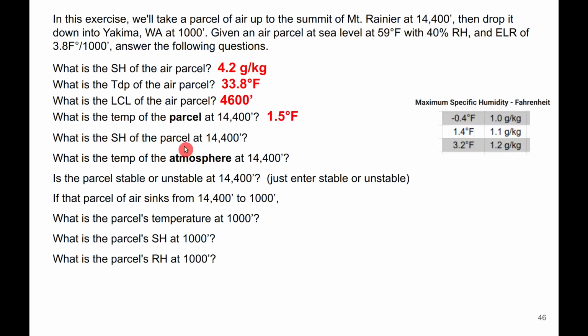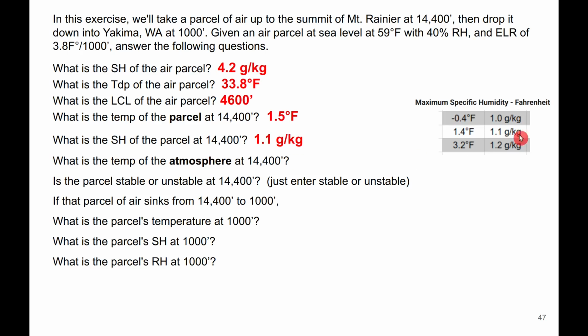So we look it up on the maximum specific humidity chart. Because the temperature is 1.5, we'll use 1.4, and the maximum specific humidity is going to be 1.1 grams. Now we need to calculate the temperature of the atmosphere at 14,400 feet.